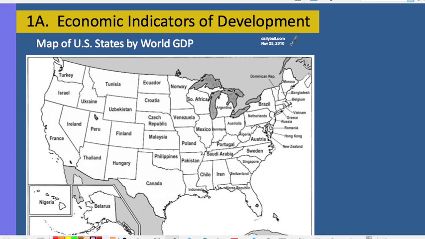Just to look at a few interesting things, down in Florida, the amount of money that the state of Florida makes is the same amount of money that South Korea makes. Canada makes the same amount of money as the state of Texas. I just thought this was an interesting comparison, looking at how much money each state makes compared to these different countries.